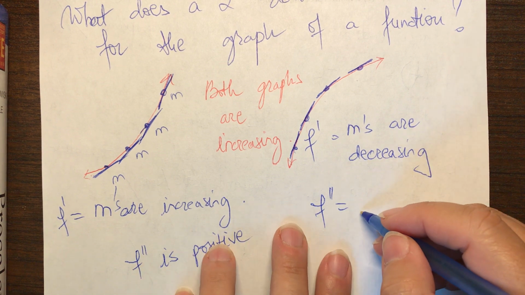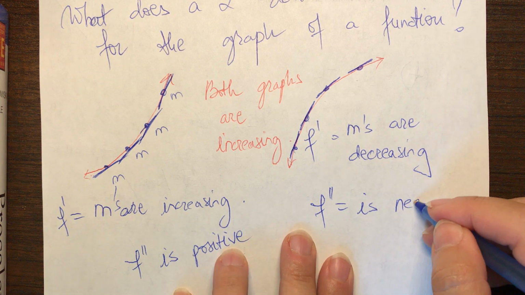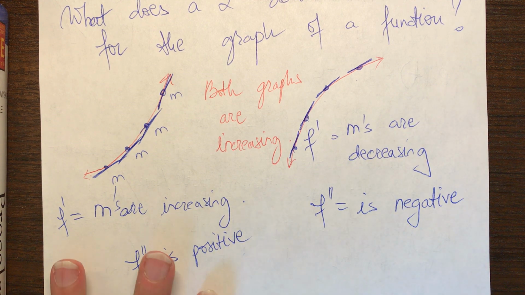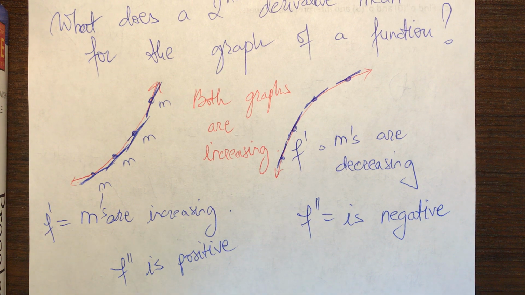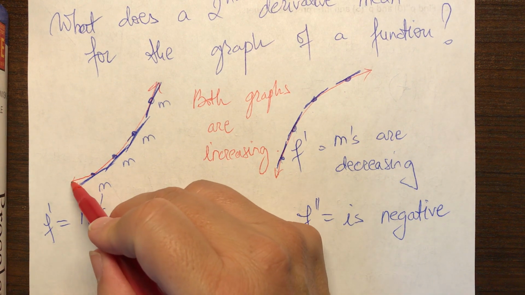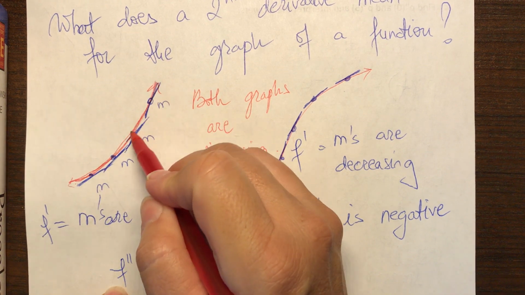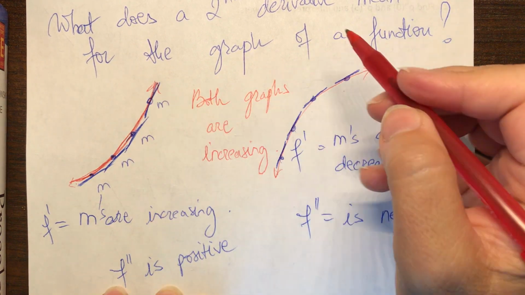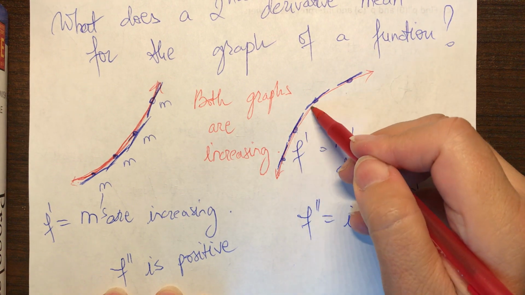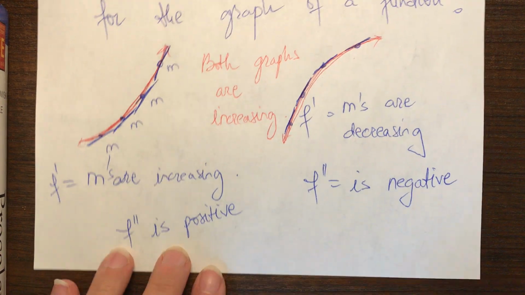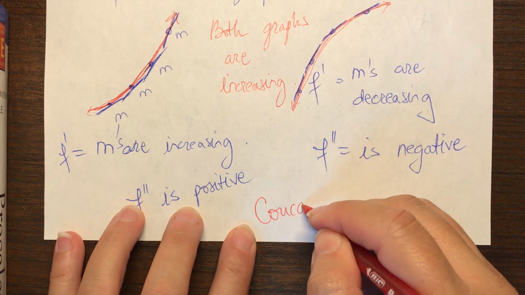So the second derivative is going to be negative, because the changes are smaller and smaller, so they're going down in a negative direction. The second derivative will tell us about what we will call the concavity of a graph. If the second derivative is positive, the graph is turning up as it goes up. If the second derivative is negative, the graph is turning down as it goes up. So this is called concavity.